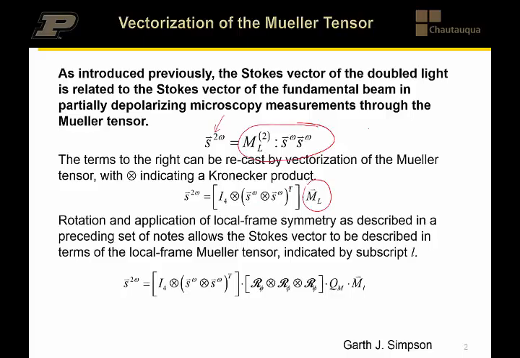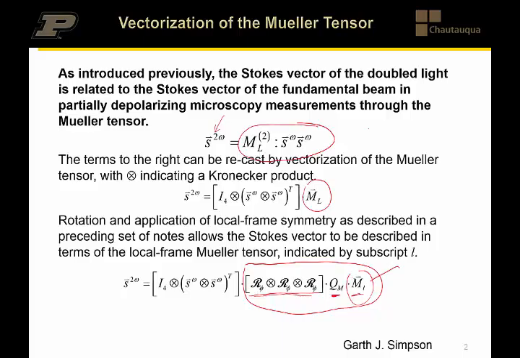This is a review. We know from the discussion relating the laboratory frame to the local frame that we can substitute all of this in for the laboratory frame response. Here we're taking advantage of the fact that we're rotating the local reference frame relative to the laboratory frame, to take advantage of local frame symmetry and populate the full set of 64 elements by the symmetry matrix from the smaller subset that are unique and non-zero.